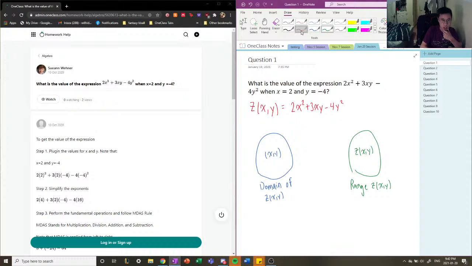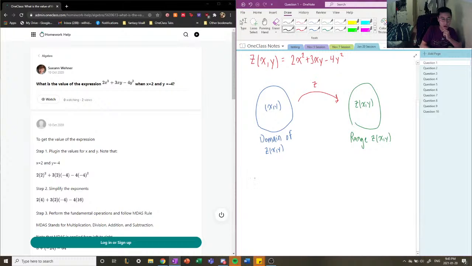Our function connects our two pools of values. So when they give us a value of x and y, such as x equals 2 and y equals negative 4, they want us to evaluate what this pair maps to in our range. That's what we're going to do in this question.